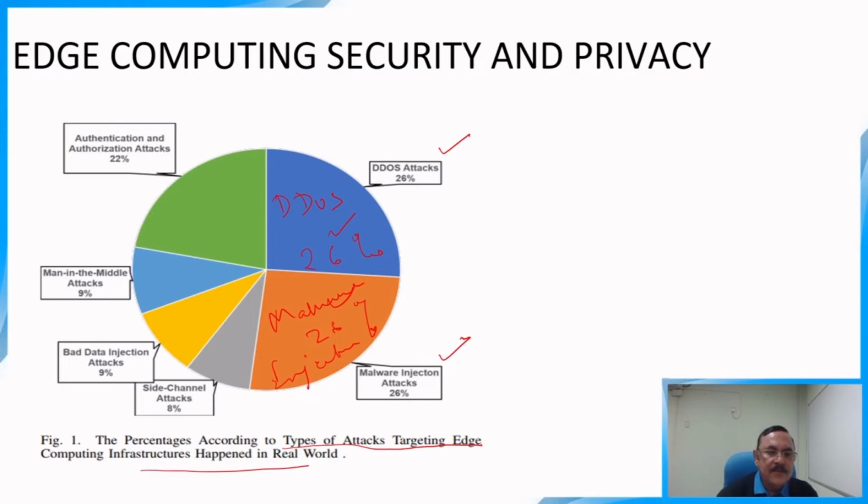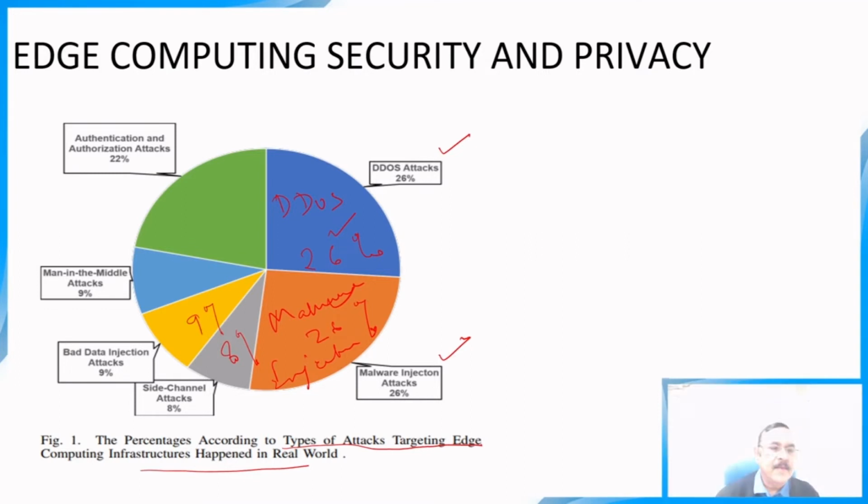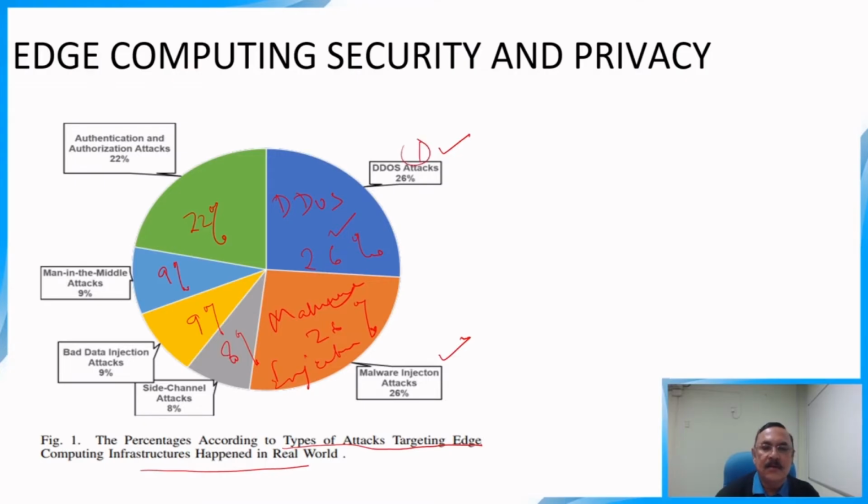Whereas side channel attacks contribute 8%, bad data injection attacks 9%, man in the middle 9%, and authentication and authorization attacks 22%. So, these are the most important security attacks that we are going to see in the edge computing scenario.